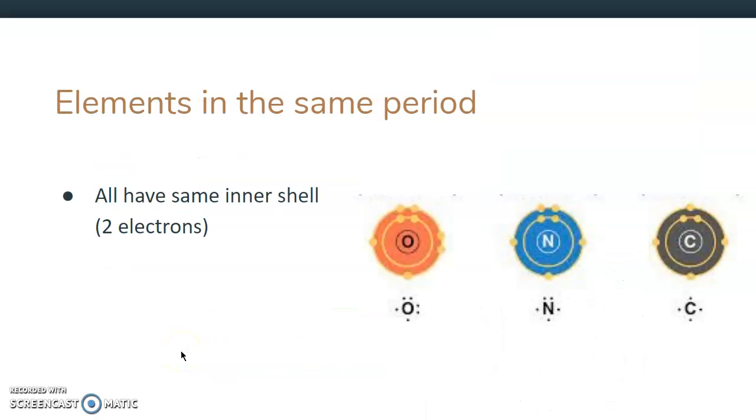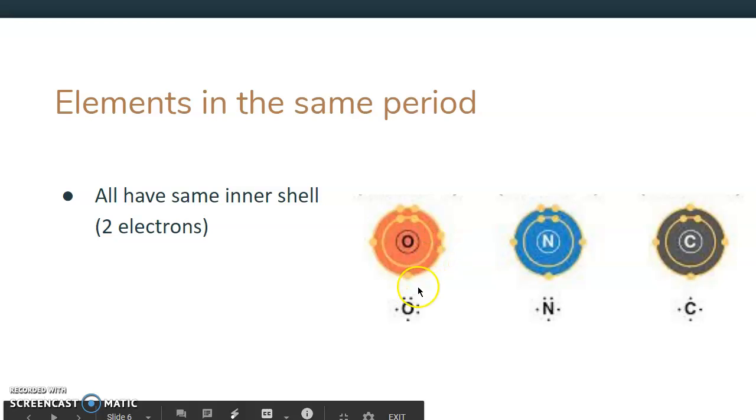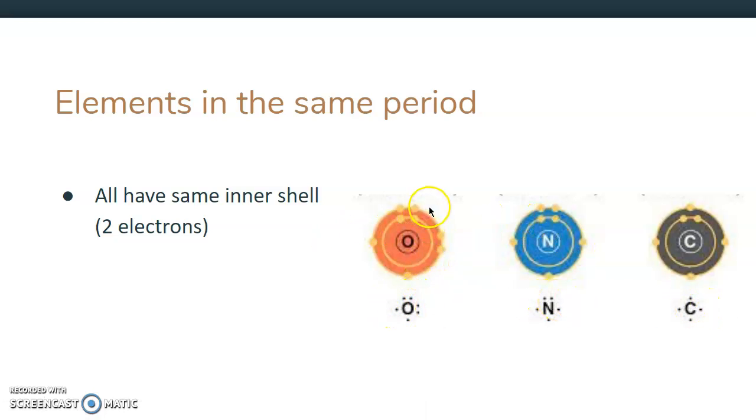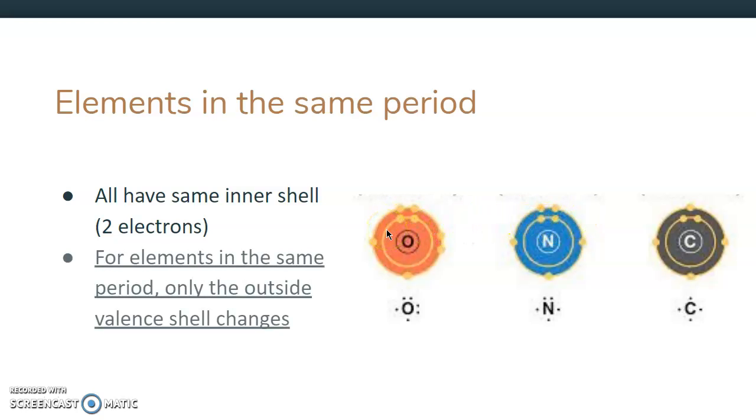So let's look through elements in the same period. If they all have the same amount of inner shell, we're looking at oxygen, nitrogen, and carbon right now. They all have 2 electrons in their inner shell. But for elements in the same period, only the outside valence shell changes as we move through the periodic table.